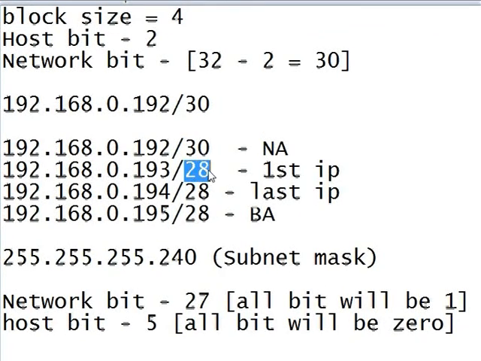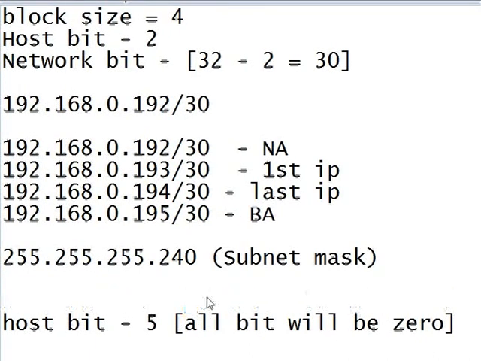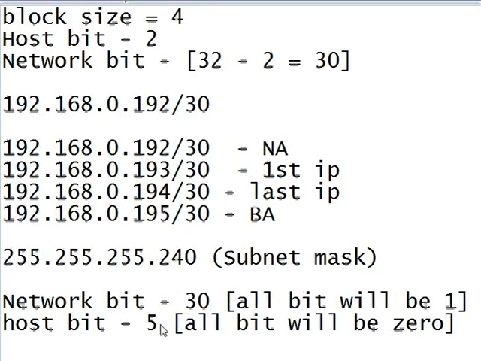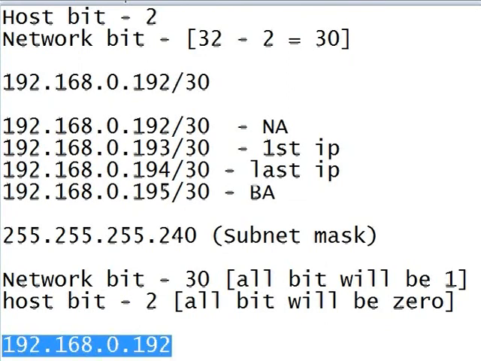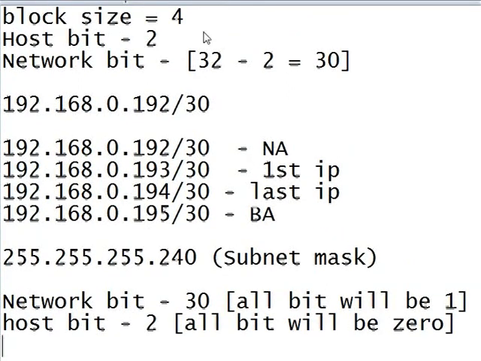So I am calculating all those different subnetworks in this case. It is /30, host bit 2, so my block size is 4, host bit 2, network bit 30. This is my specification.